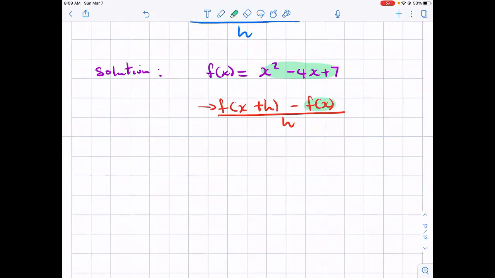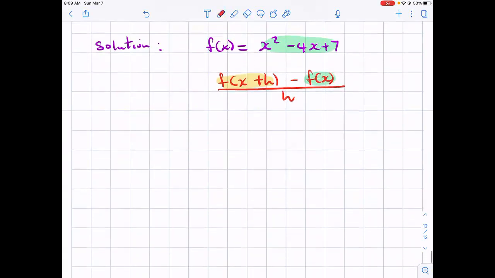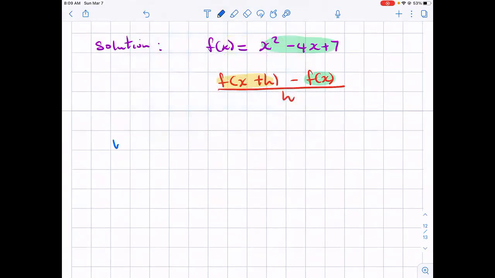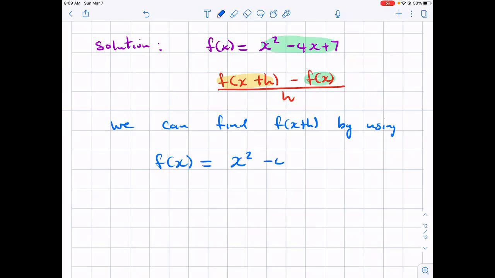We need to find what this is. So we can find f of x plus h by using f of x equals x squared minus 4x plus 7.